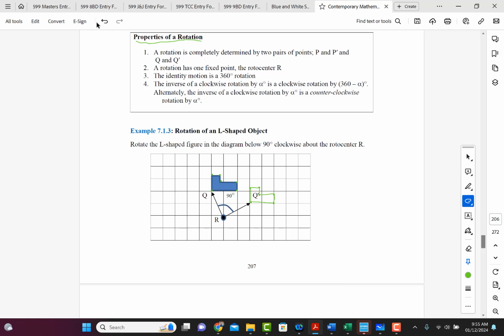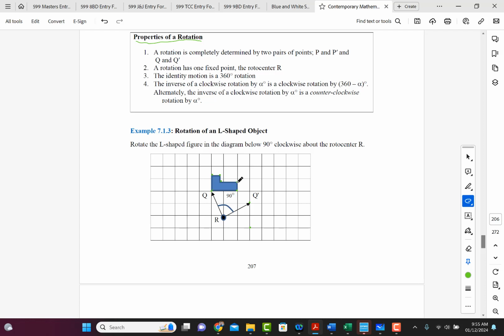Okay, so let's back up here. In this case, it's a 90-degree rotation, which means this is going to rotate. So this point Q is going to rotate to Q prime, which is right here. This is going to rotate 90 degrees to here.